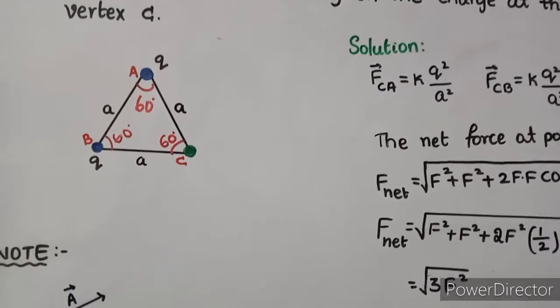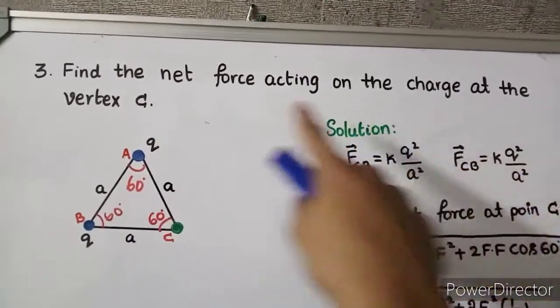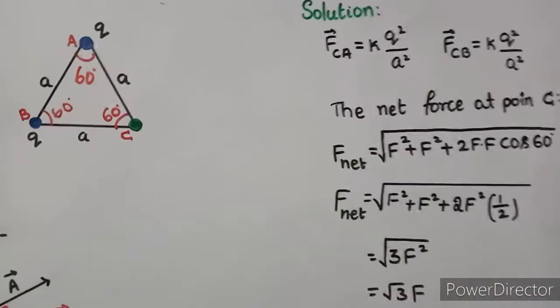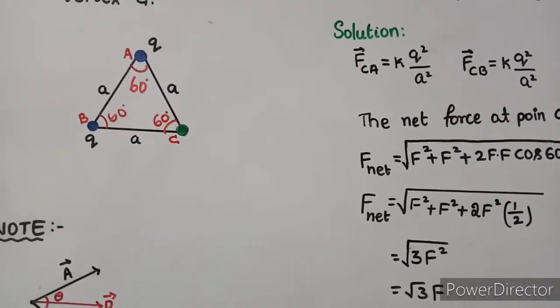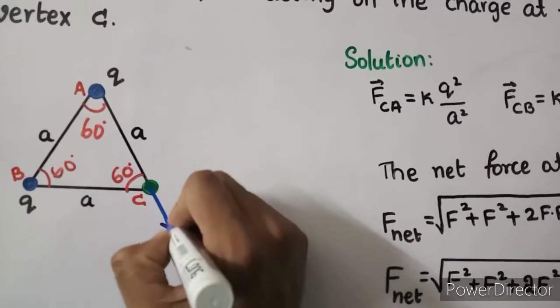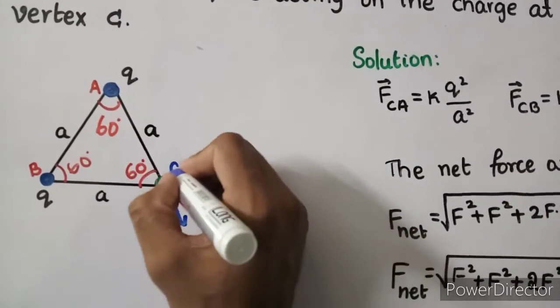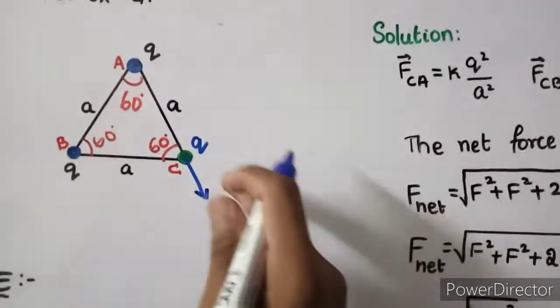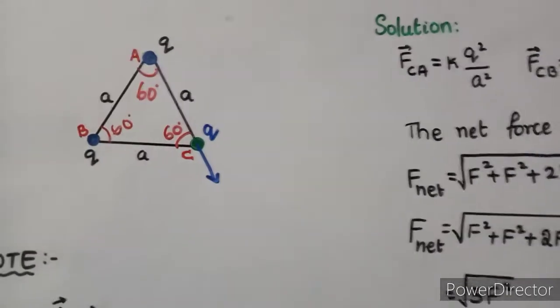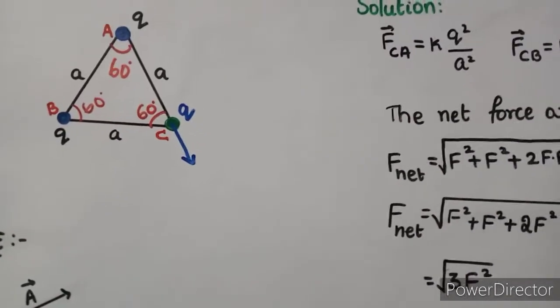Now I need to find the net force at the vertex C. So first I will find the force due to A at C. So this will be in this direction, right? Because both are equal, this will be Q, both are equal and they are positive also. So the force of interaction between those two will be in opposite direction.